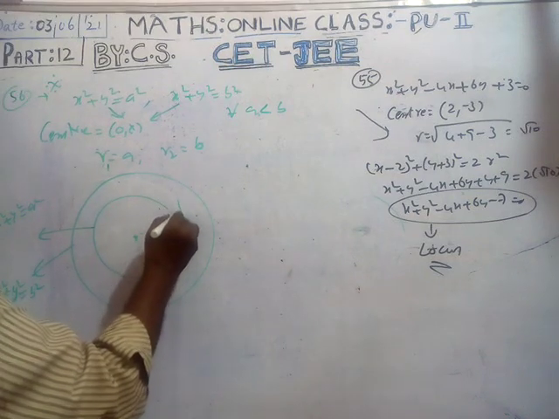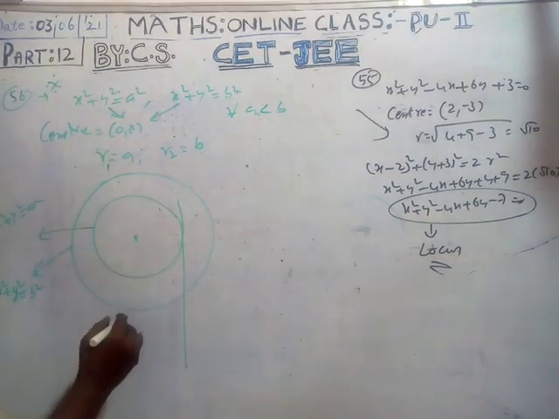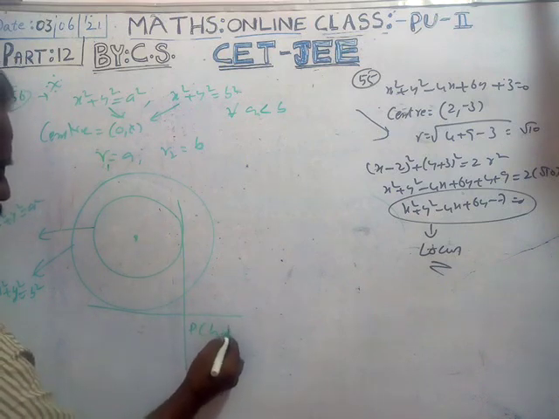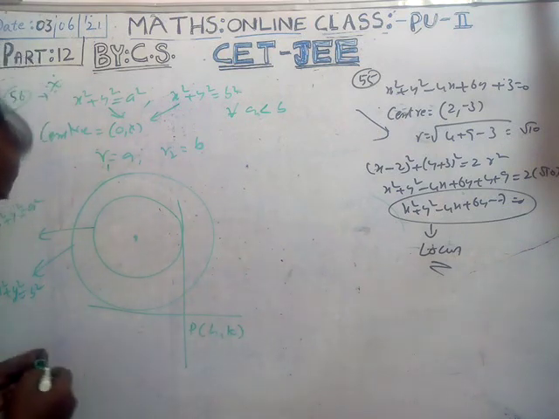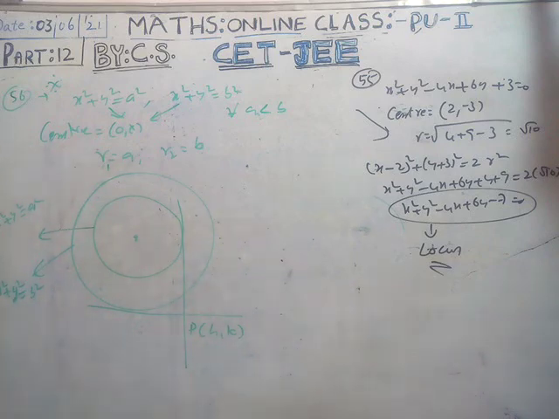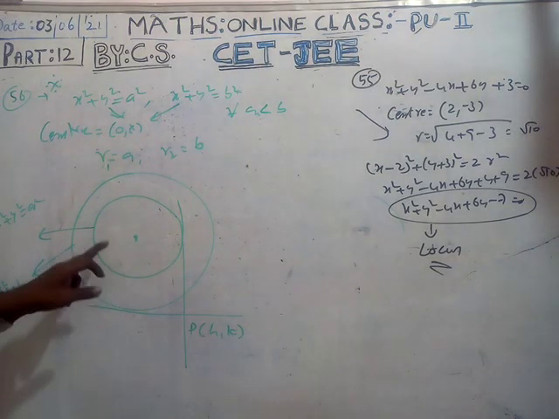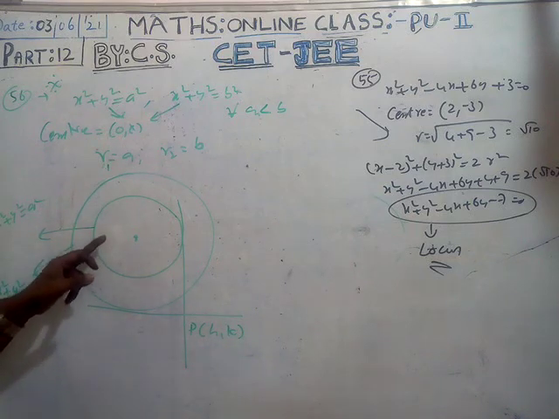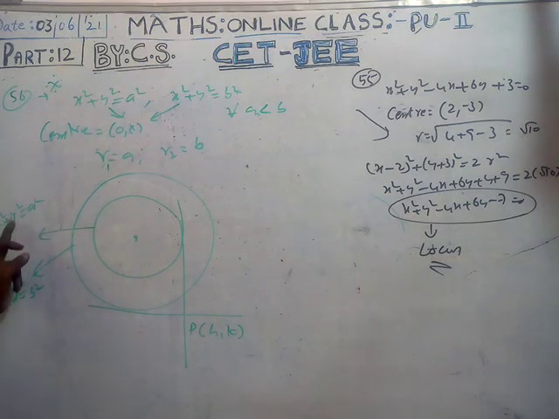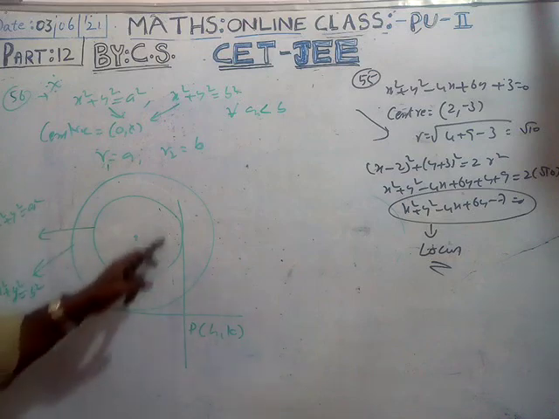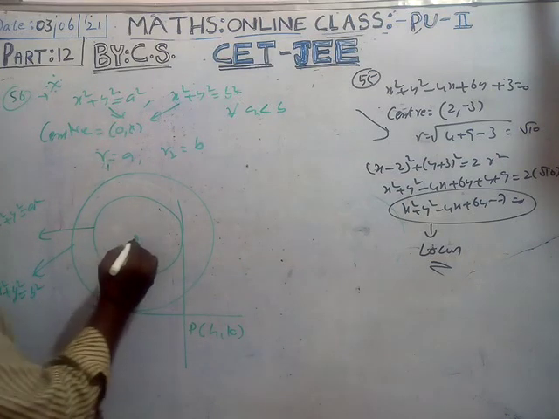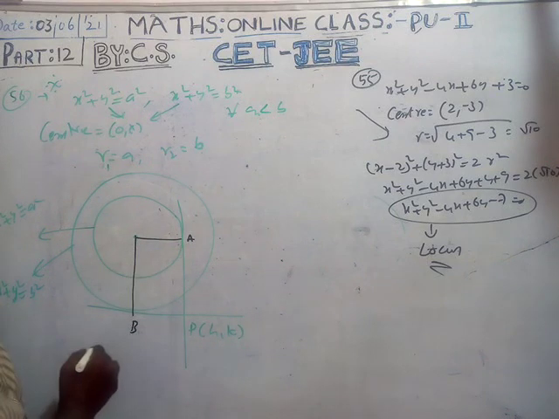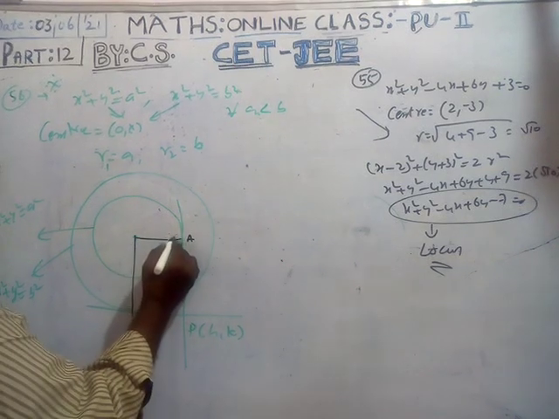One tangent is drawn to one circle, and another tangent at 90 degrees to the other circle. We assume these are points A and B, the points of contact. Of course it is a right angle.